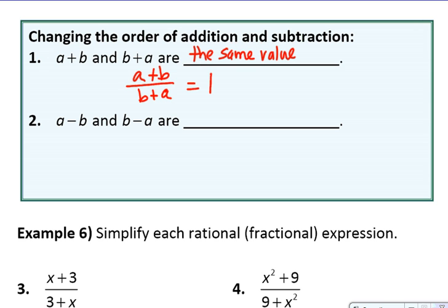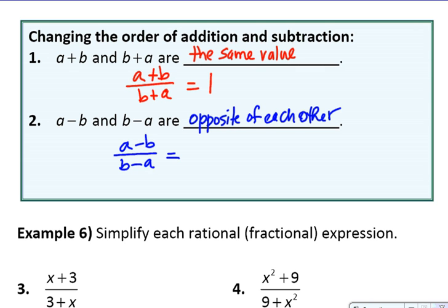And A minus B and B minus A are opposites of each other. And A minus B divided by B minus A, they do cancel, but they cancel to be negative 1.